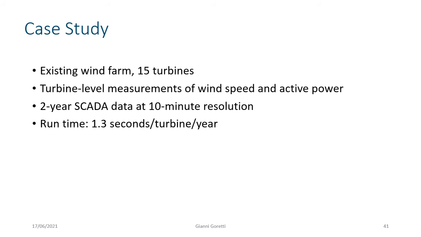As I was saying, wind speed is in meters per second, power is normalized by the rated capacity. There are 2 years of SCADA data at 10-minute resolution, and the runtime for the code is around 1.3, less than 1.5 seconds anyway, per wind turbine per year of data, just to give you a reference.